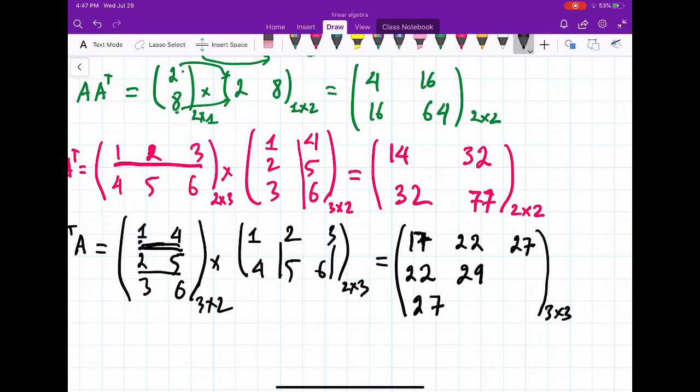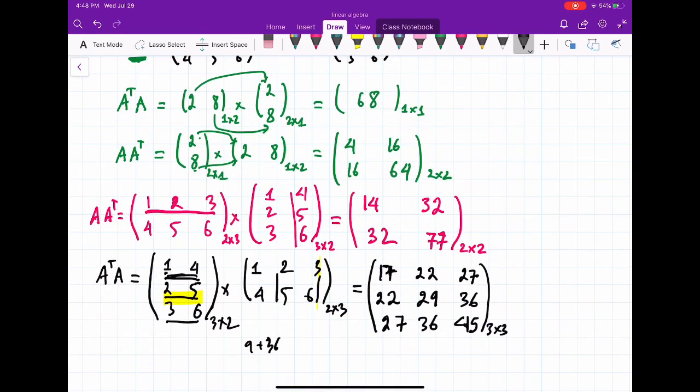And I multiply the second row with the third column. So I have 6 times 6, 30 plus 6, so I have 36, so I have 36 in here. And then for this term, I just take the last row with the last column, so I have 9 plus 36, which is 45. All right, look at this.